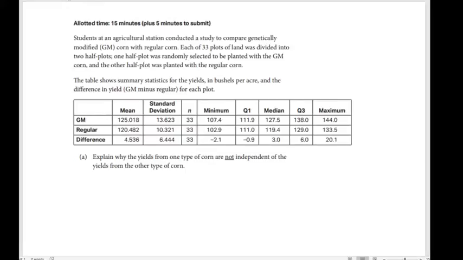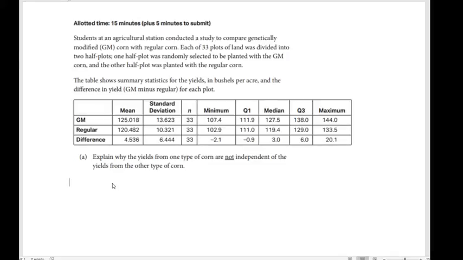So we have the sample question that they put up for the 2020 exam, and this one has us dealing with genetically modified and regular corn. We have 33 plots of land divided into 2 half plots.